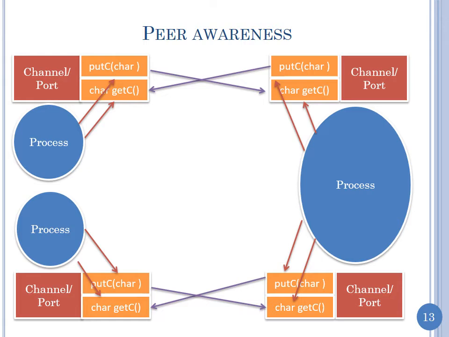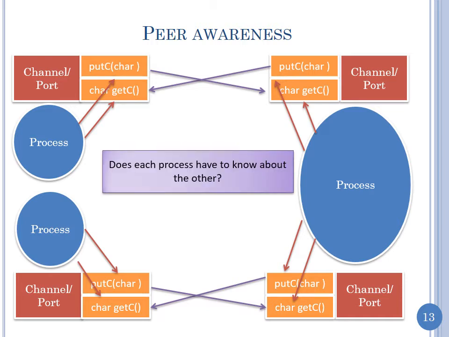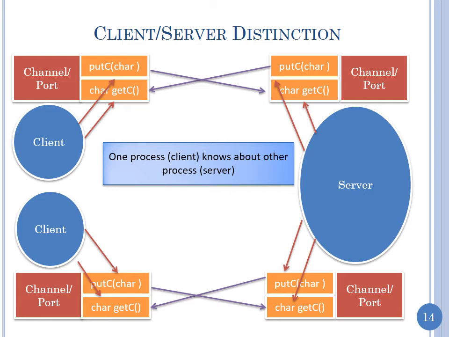Now the other issue is how these processes name each other's channels to connect. We want to keep the awareness in one process about the details of the other process as little as possible, as we saw. So does each process have to know about the other? We've seen earlier that no, the process that has no awareness of the other parties is the server, and the other processes are the clients.